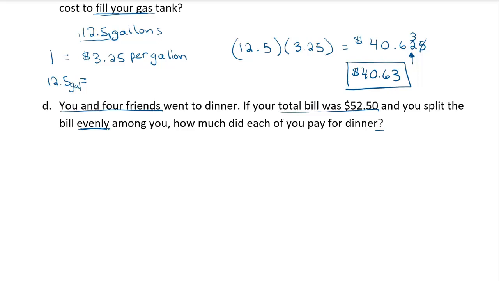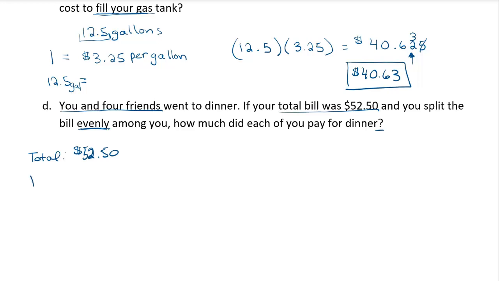So I know that the total bill is $52.50. Now we care about the number of people, right? $52.50 paid for how many people to have dinner.